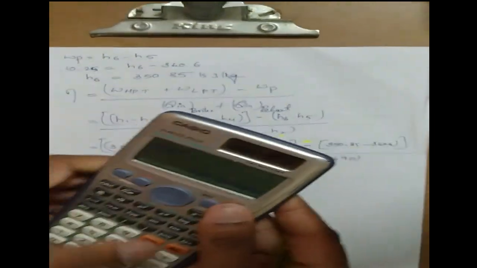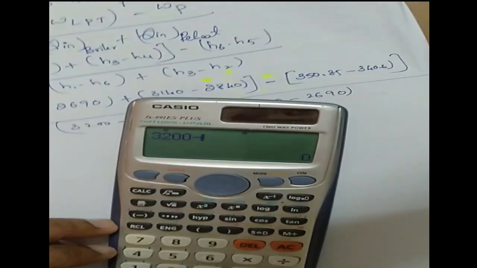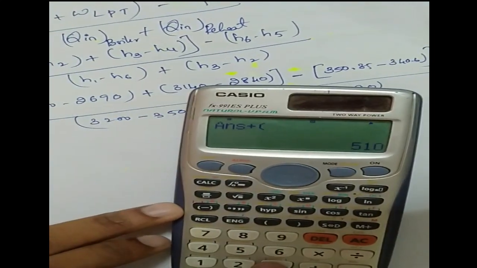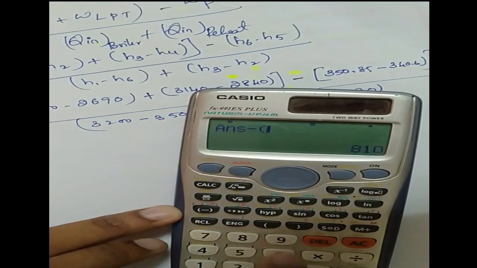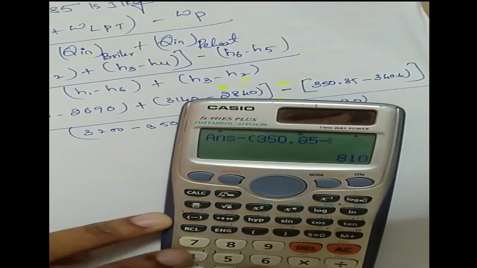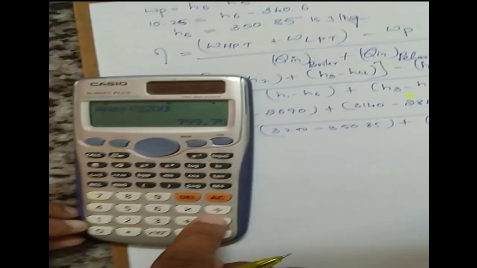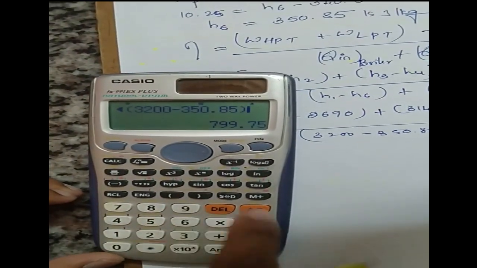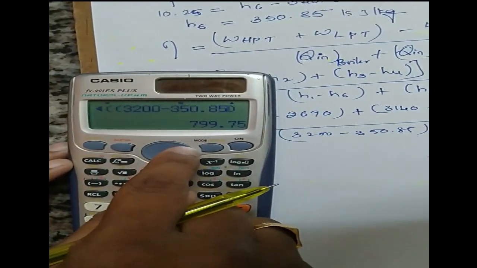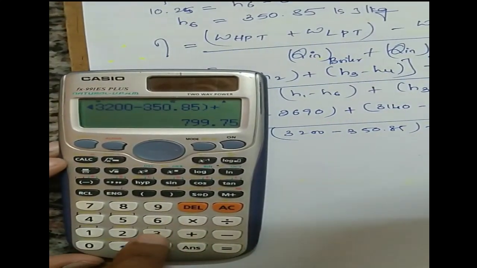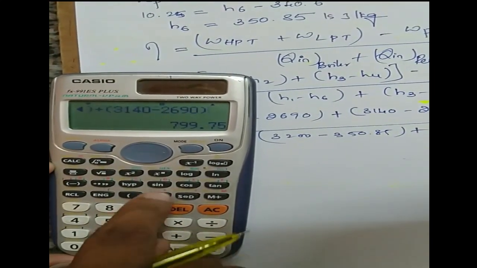If you solve this, you'll get 3200 minus 2690 plus 3140 minus 2480, minus 350.85 minus 340.6, divided by, open a bracket, 3200 minus 350.85, close the bracket, and then open one more bracket, plus 3140 minus 2690, close the bracket.